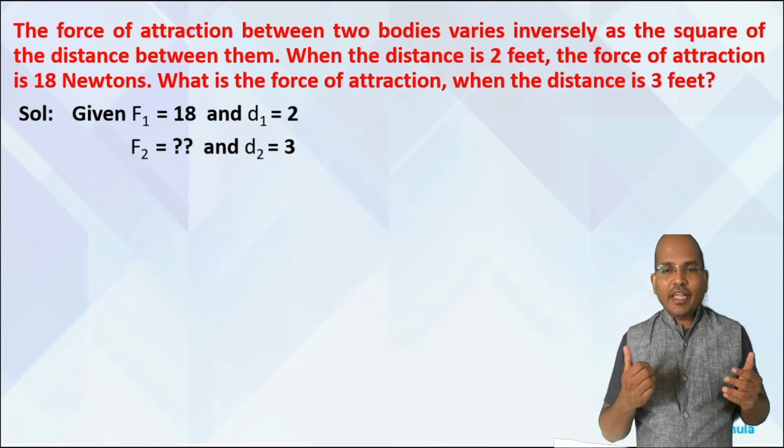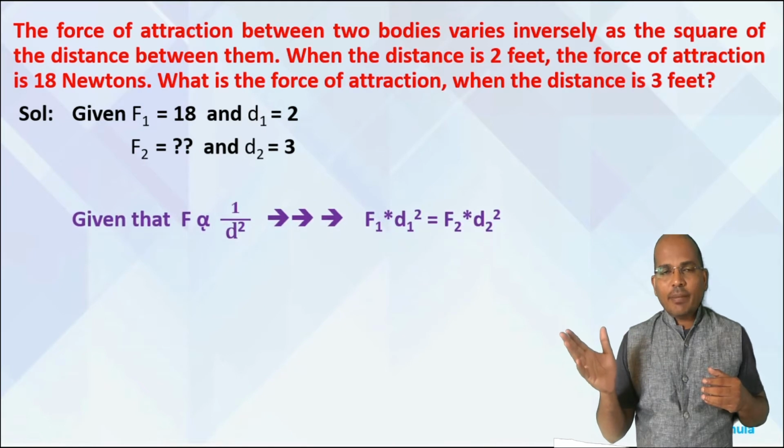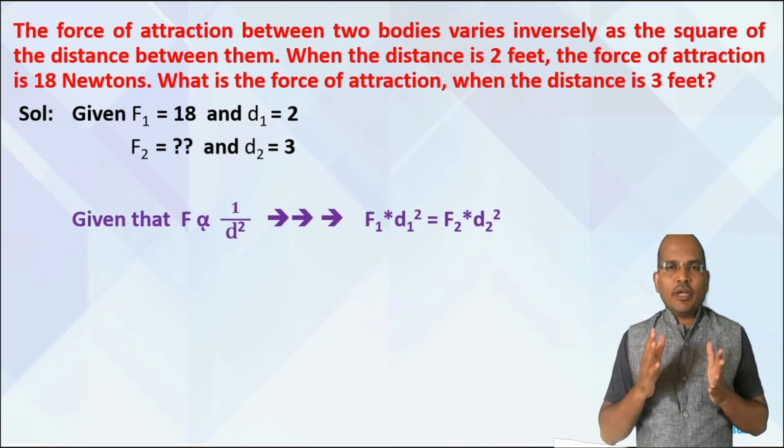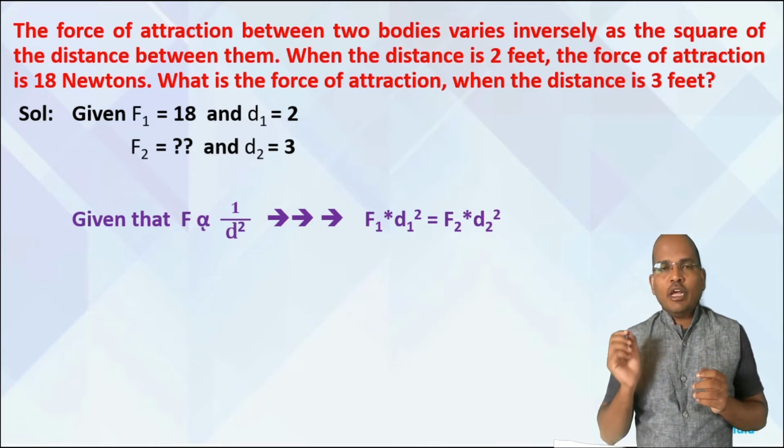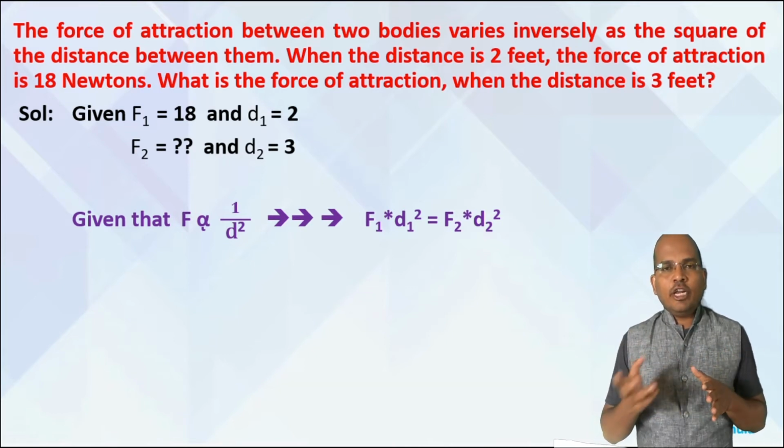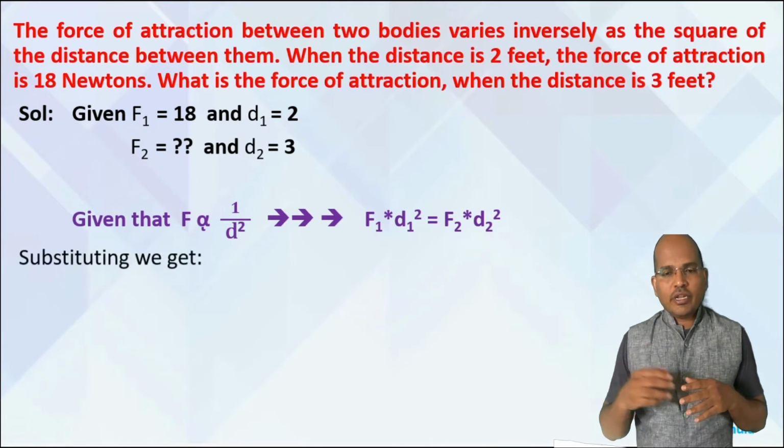Given that F varies with D inversely, we say F equals k by D square. Yes or no? So we get F1 D1 square equals F2 D2 square. This is the case of inverse variation, right? Plug in the values of F1, D1, D2, and you'll get F2.